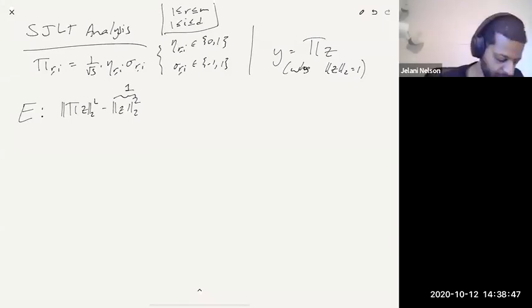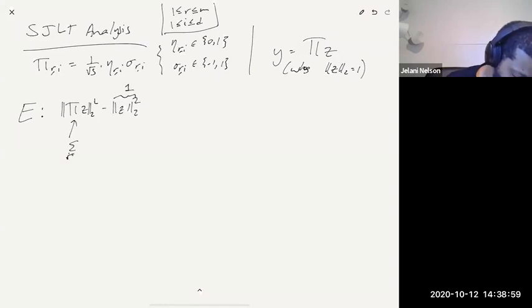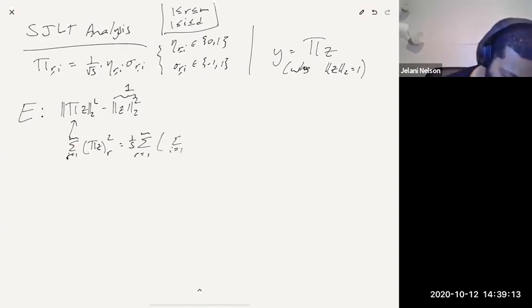Okay, so this thing here you can write as the sum over R from 1 to M of pi z R squared, which is the sum, R goes from 1 to M. There's a 1 over root S squared, so there's a 1 over S. And then the sum, I goes from 1 to D of eta Ri sigma Ri Zi, squared.